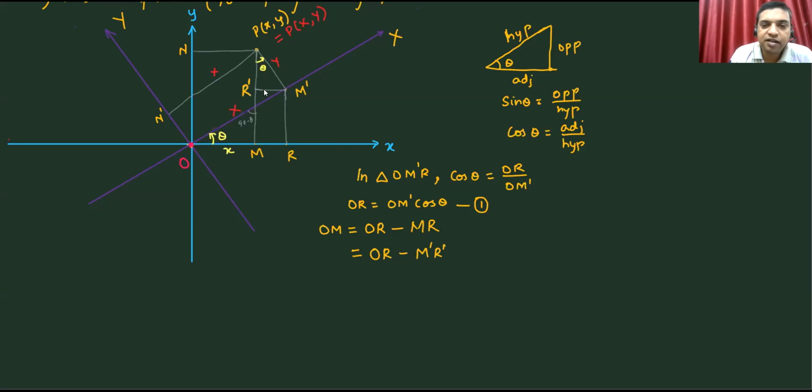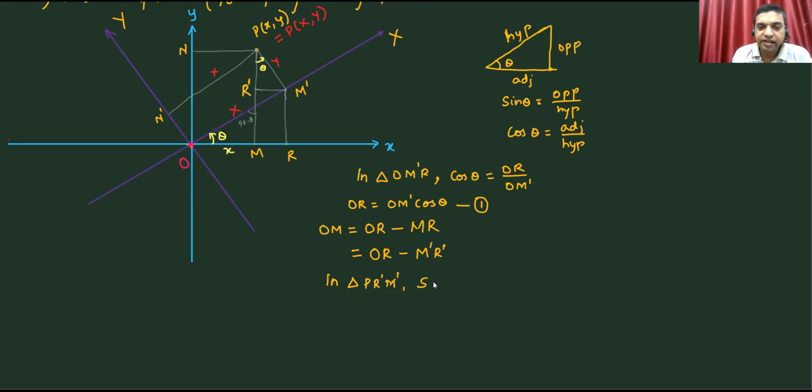Now this M dash R dash, you look in this triangle, in triangle P R dash M dash, this will be the opposite side.